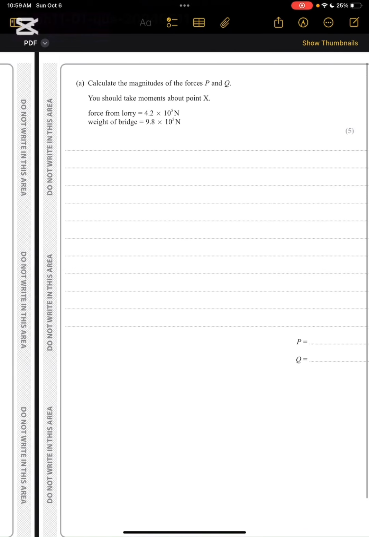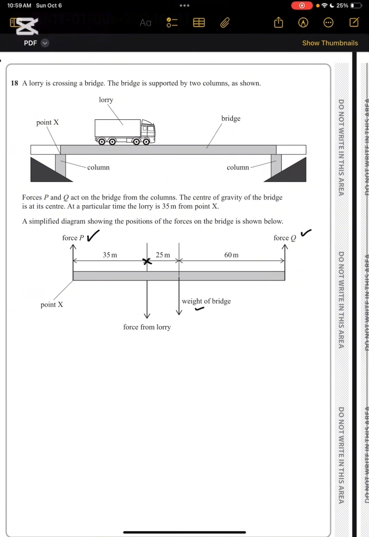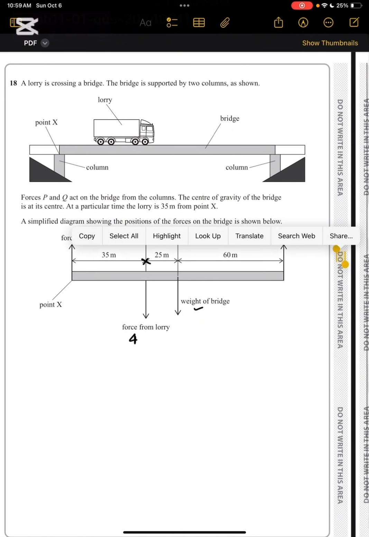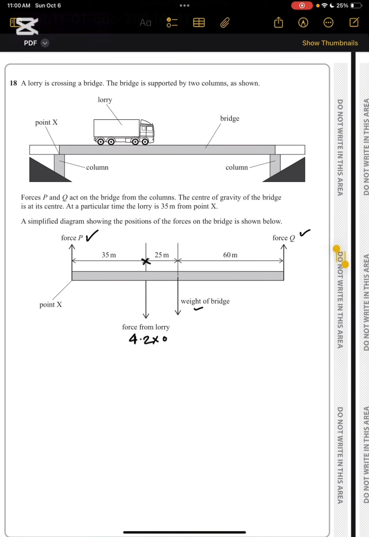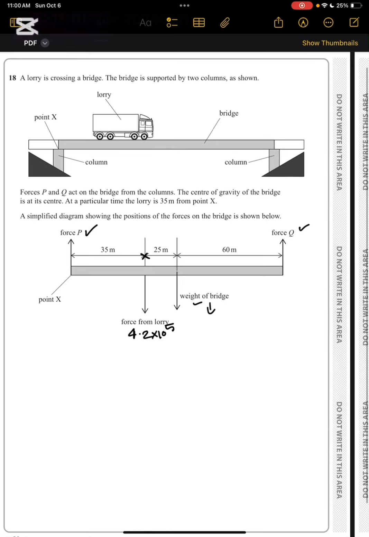Moving into the question, they have said calculate the magnitudes of forces P and Q. They have asked us to find out the magnitude of forces P and Q. They have given the force from the lorry, which is 4.2 into 10 to the power 5, and the weight of the bridge is 9.8 into 10 to the power 5.